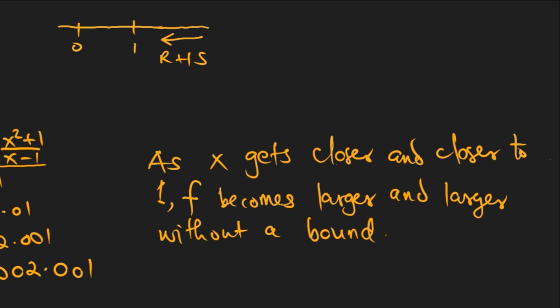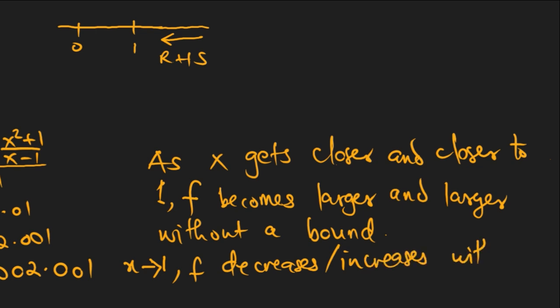Or you can say the limit of f does not exist, because from the right hand side the number gets larger and larger, from the left hand side it gets smaller and smaller. So we can say that as x approaches 1, f decreases or increases without a bound.